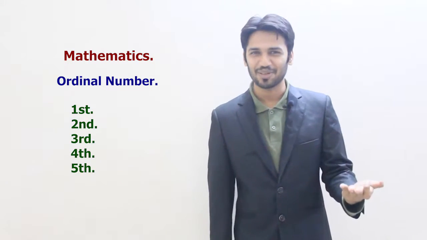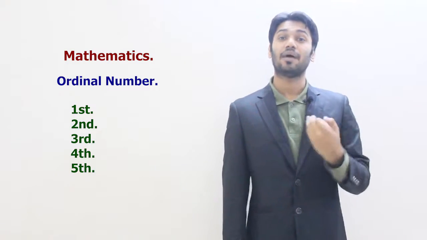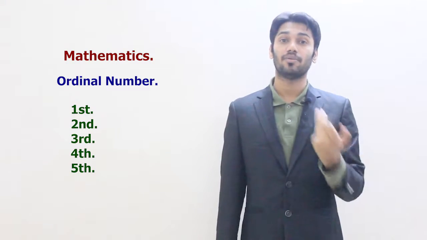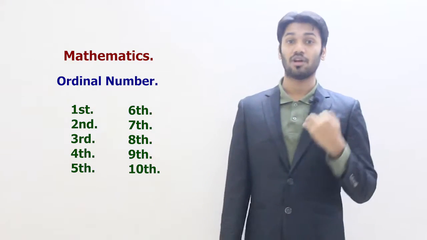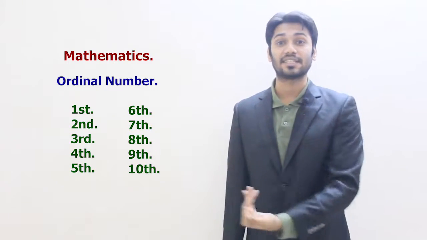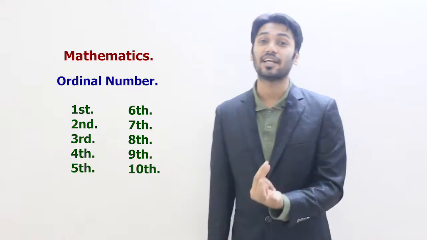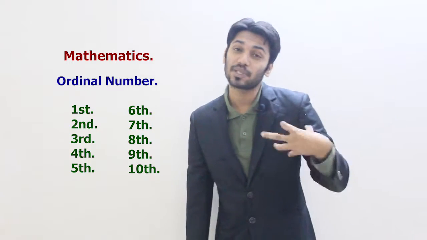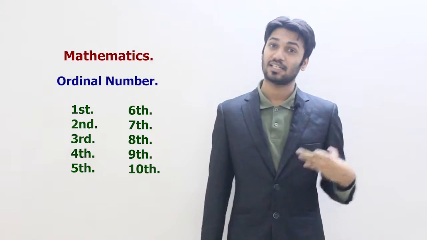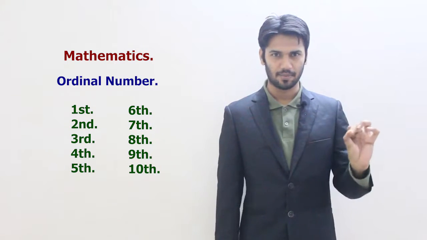Then we call the person who reaches second, and after him whoever reaches we call third, and then fourth, fifth, sixth, seventh, eighth, ninth, 10th. This order or setting of things is known as the ordinal number.